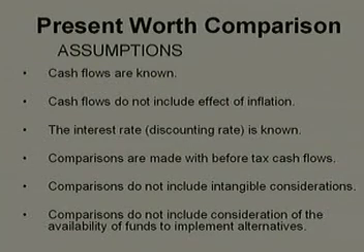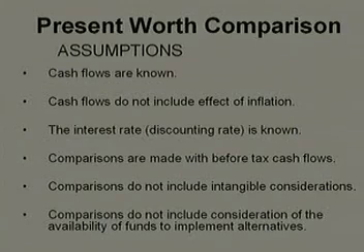Then the third assumption is that the interest rate is also known. Now, it is common knowledge that interest rates keep on varying. Even for a short duration, you will find a change in interest rates. In construction economics, the duration of the alternative would be very long, maybe 2 years, 3 years, 4 years, 5 years.